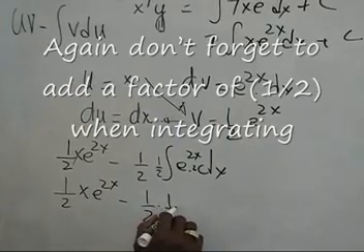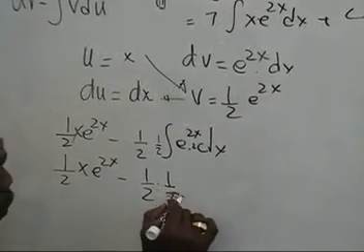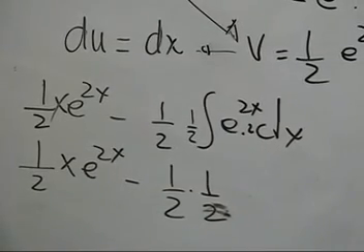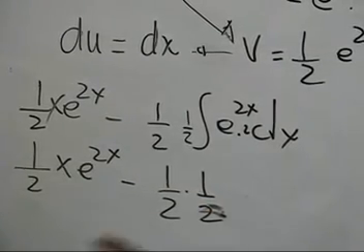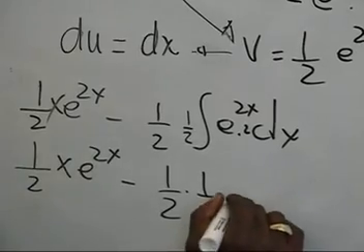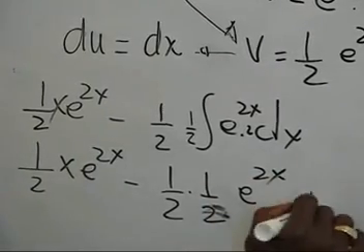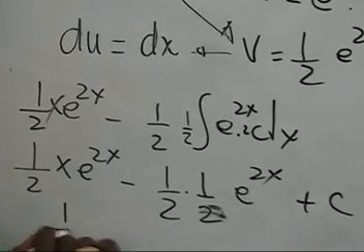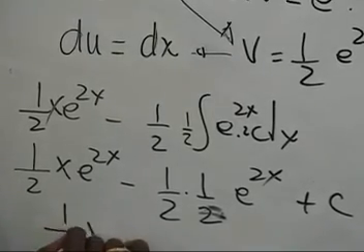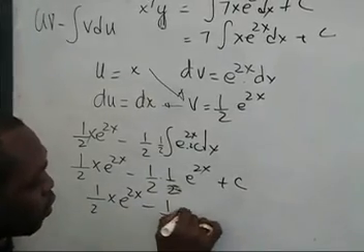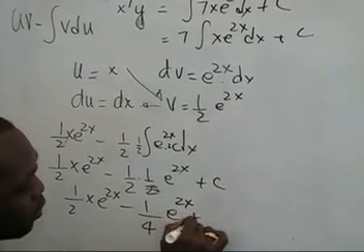That's why I have 1/2, and then when you integrate e to the u du, you have e to the u. So e to the 2x plus c. Basically what I have in the other part of the equation will be 1/4 e to the 2x plus c.